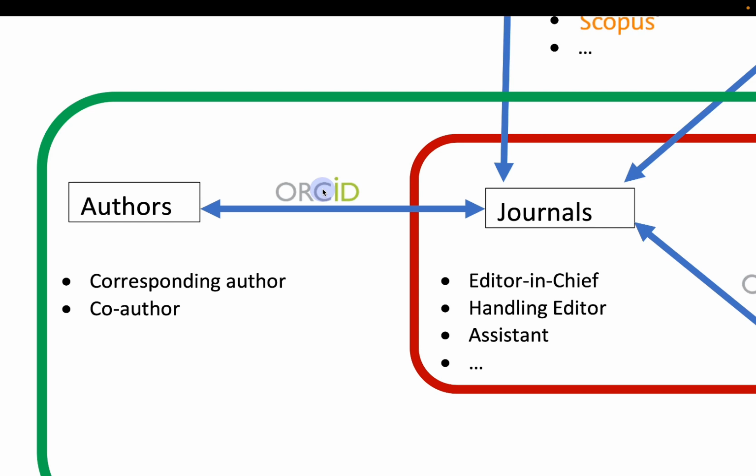Anyway, if the authors are more than one, the co-authors select one among themselves as a representative called the corresponding author. The corresponding author is a unique author responsible for contacting the journals and other players.